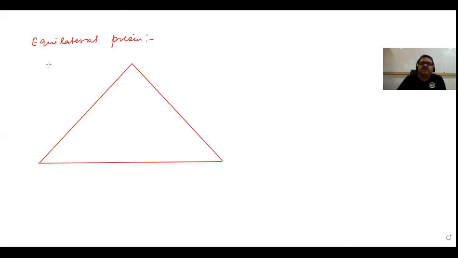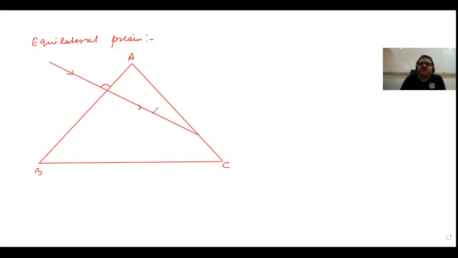A ray of light is suppose falling normally. This A, this B, this C. This is 90.